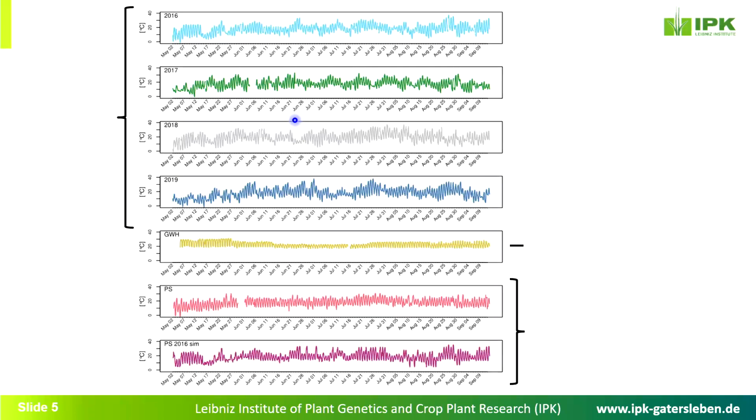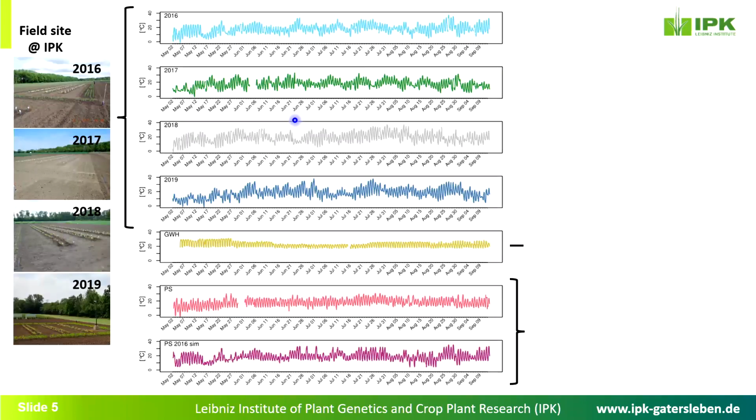So here you can see now the 7 temperature profiles of the environments where we phenotyped. I was growing 11 maize inbred lines from America, from Europe, and from Asia, and then phenotyping them for 4 consecutive years at the IPK field site in double row plot design.